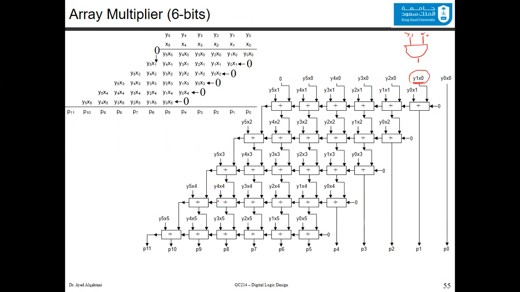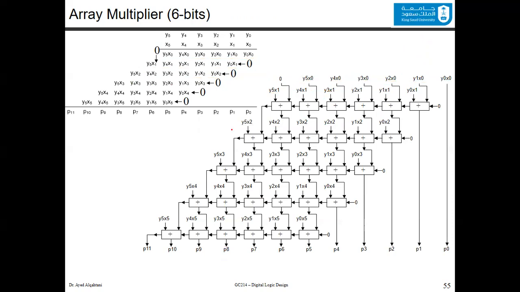To keep the figure short, we just keep them this way, indicating that there is an AND for each one of them. You start from x0, y0 to x0, y5. Similarly for the next one here, and so on.